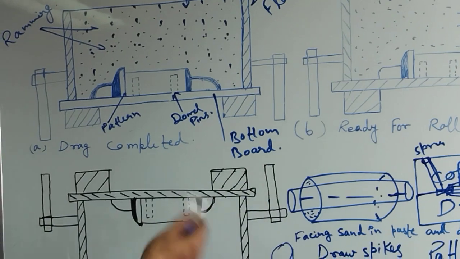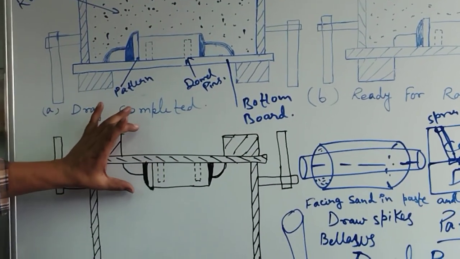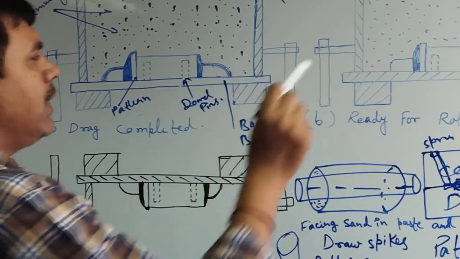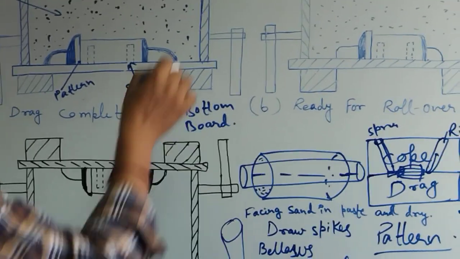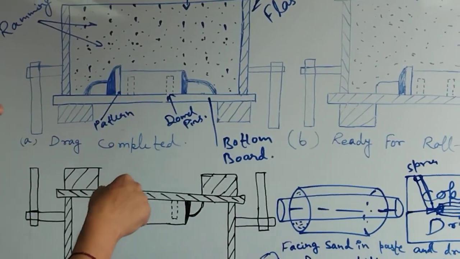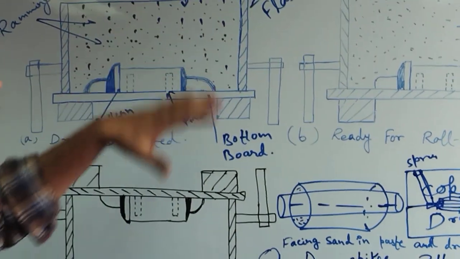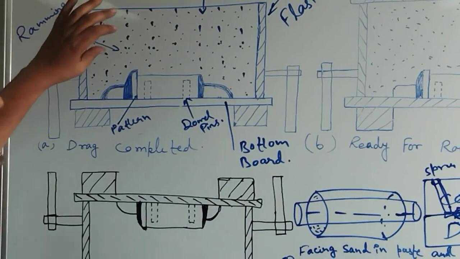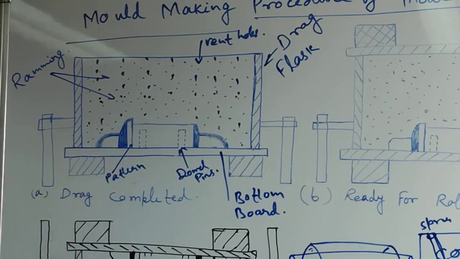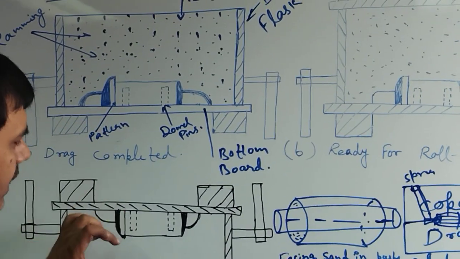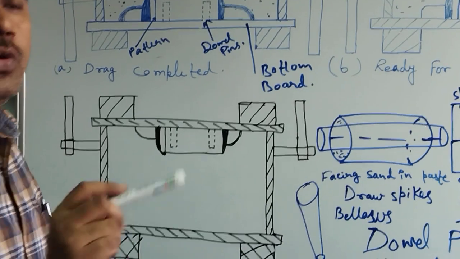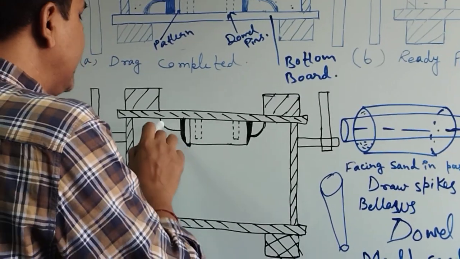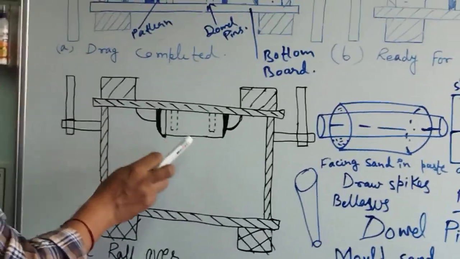We make another compact of the drag and cope, and the combined drawing shows where the sprue pins and the riser pins are located. The molten material comes from the sprue holes into the mold cavity, goes through the runner and passes through the gate, which is near the pattern.